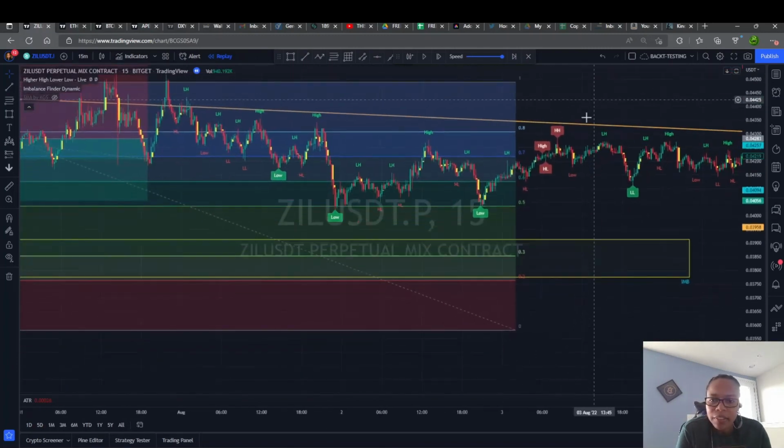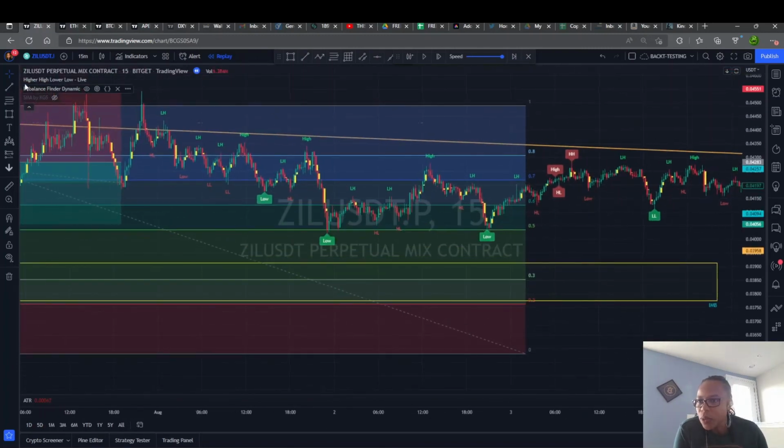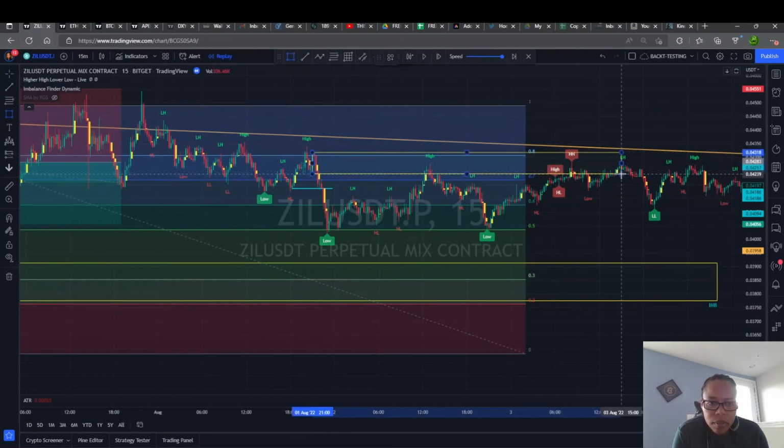If you wanted a more secure entry than the one I just took, you could have waited for a nice juicy break like that one and then set your entry, because you have this big order block area right here, right? And then this imbalance area is where I'd want to jump in on an entry.